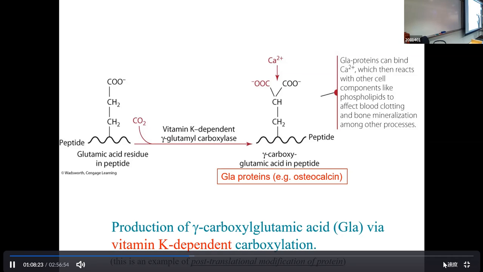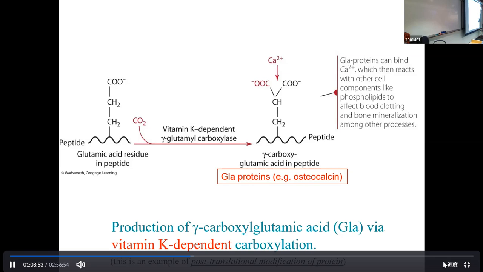Okay, because this protein is not coded by any of the DNA sequence. This is the protein that is coded with the DNA message, which makes this protein. So transcription, translation, you make this protein. Then you add a carbon dioxide COO to it. So that is what we call post-translation.